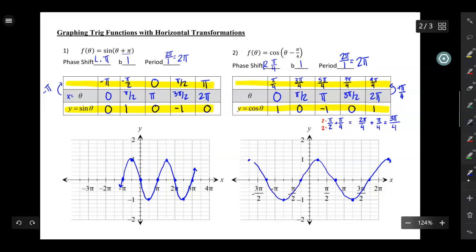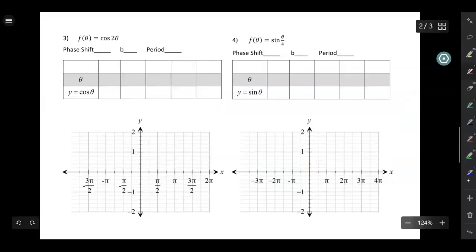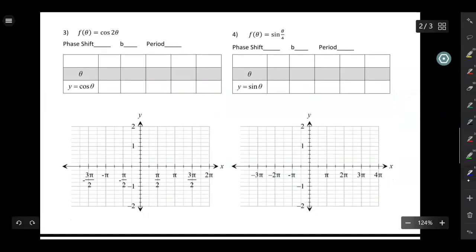It should look something like this. So if you compare this to your original cosine graph, it would have points that were exactly pi fourths to the left here. So those 3 red points would be points on the original parent function.